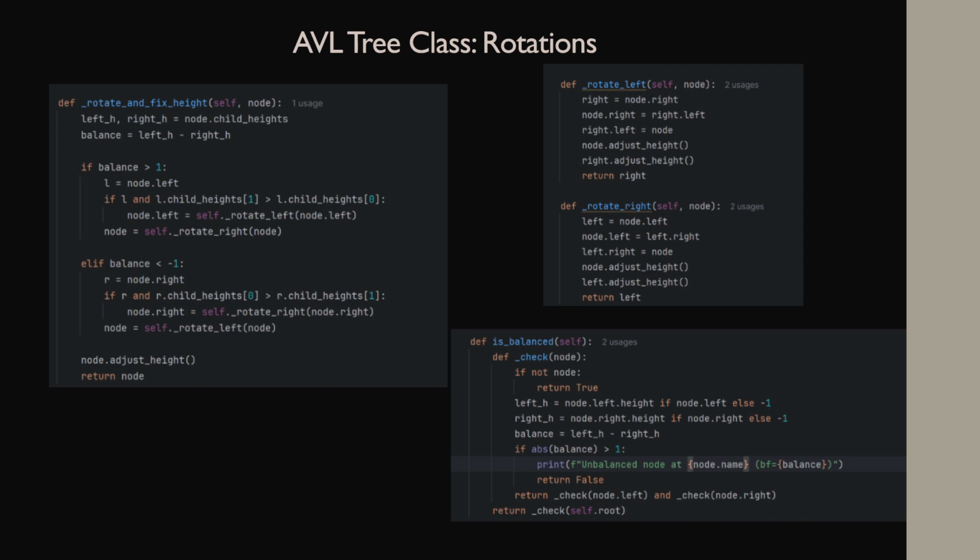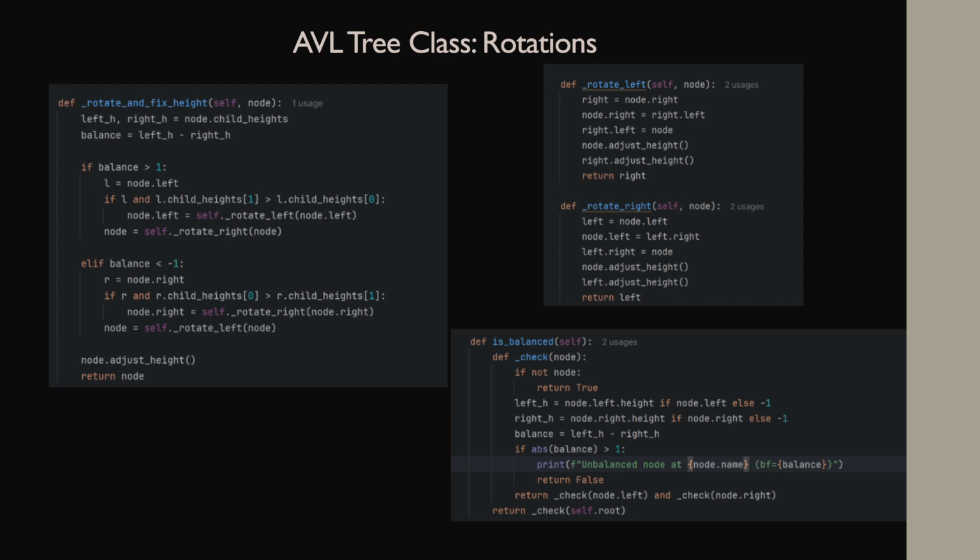So when dealing with rotations for the AVL tree, we have a rotate left and rotate right. We do a left rotation when the right subtree of the node is heavier, so it's a right imbalance. Then a right rotation when the left subtree is heavier, so it would be a left imbalance. The way it works for rotate left is it stores the right child of the node, then reassigns the right pointer to right dot left, and then makes the current node the left child of the first right child.